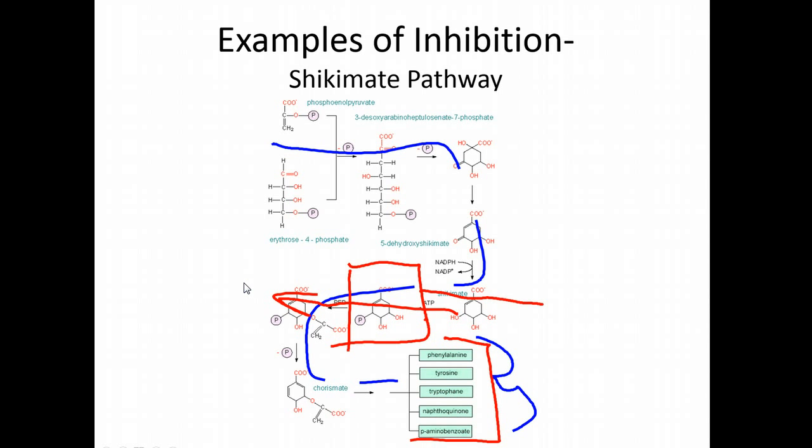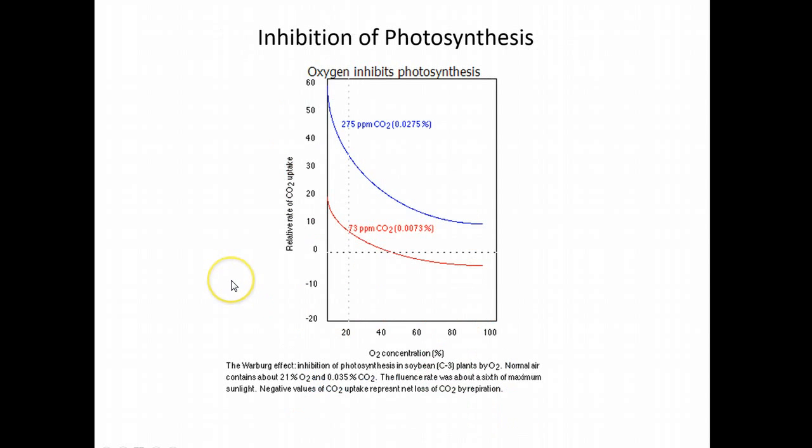let's go to another example that I told you you'd be seeing over and over again. Here's the real world reason that plants are affected by oxygen. We had this the first day, the relative rate of CO2 uptake and oxygen concentration. So we know right here that oxygen is about 21%, okay?